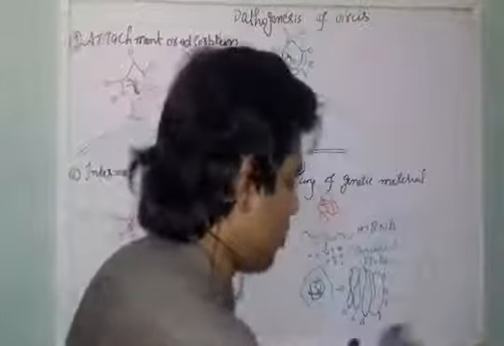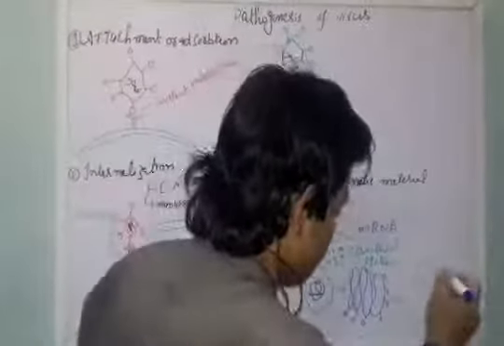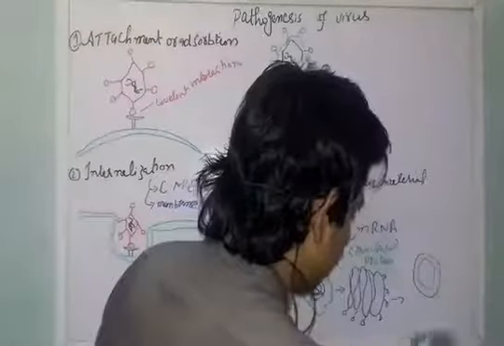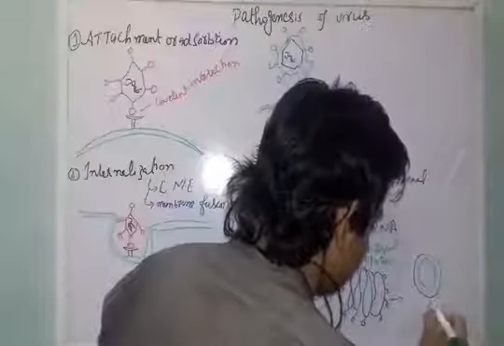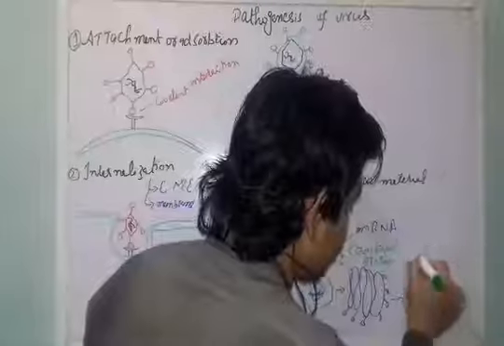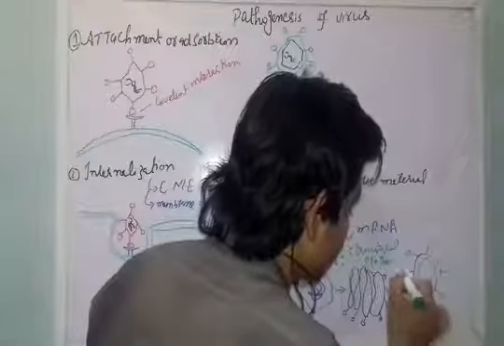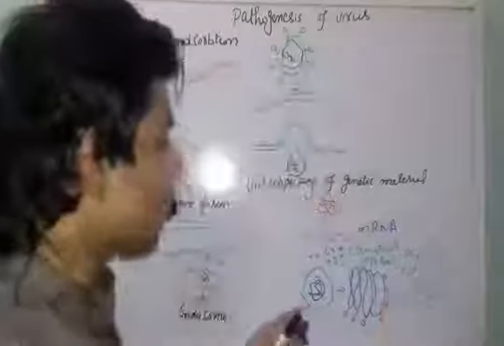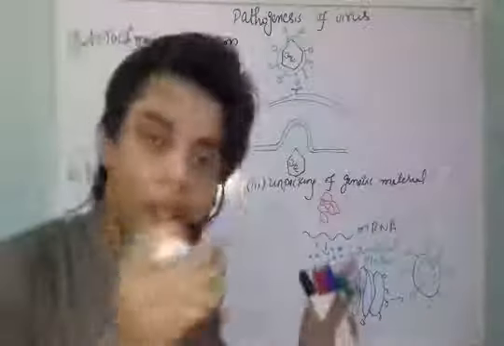Now here they also take some envelope, and here are the spikes. Let's suppose the virus is an enveloped virus, fine, so they will take the envelope. But if the virus is naked, the virus just takes the receptor here.